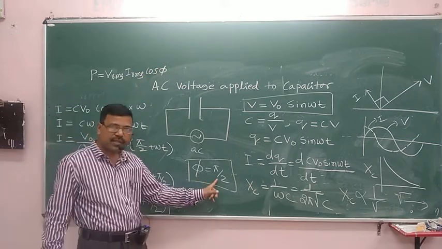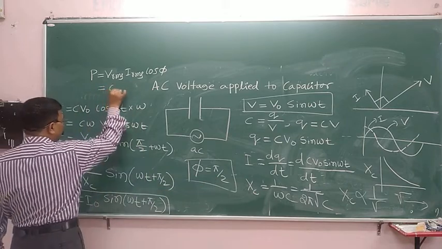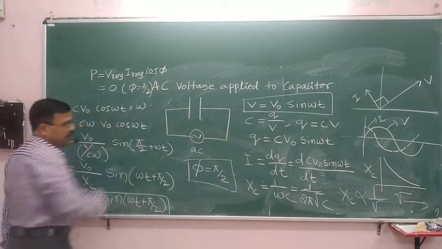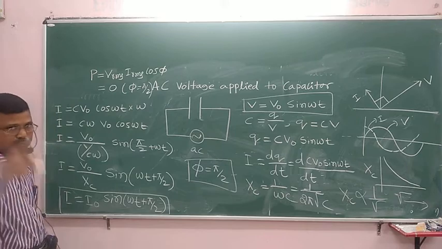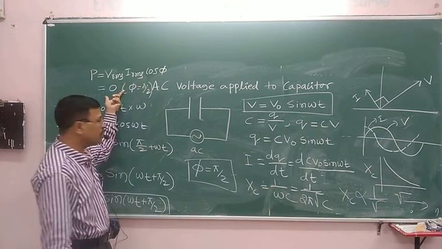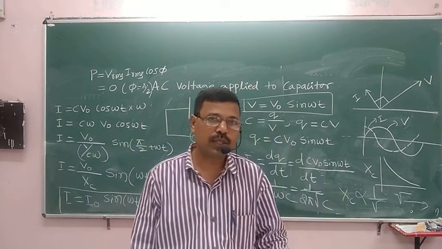Since the phase difference is 90 degrees, cos 90 is 0. Cos 0 is 1, but cos 90 is 0, and 0 into anything is 0. So the loss of power in a capacitive circuit is 0.